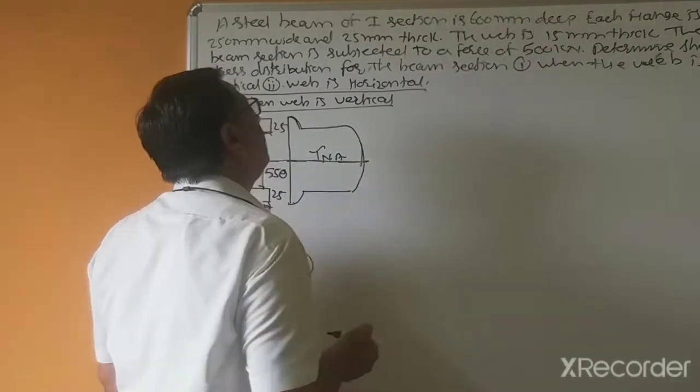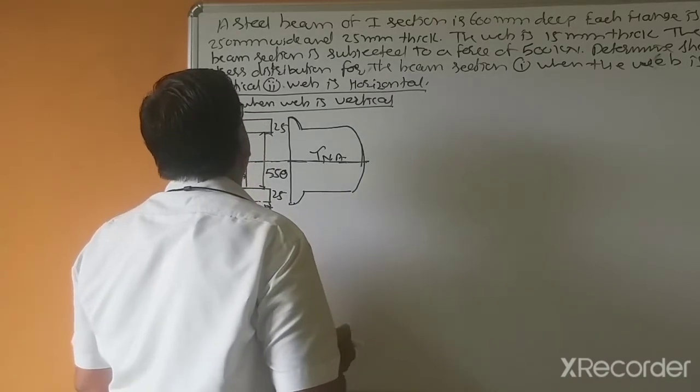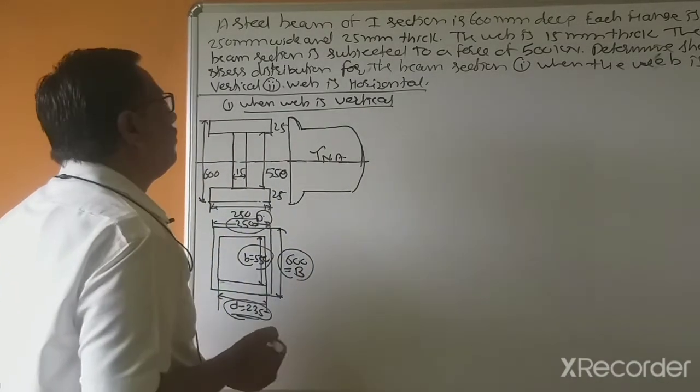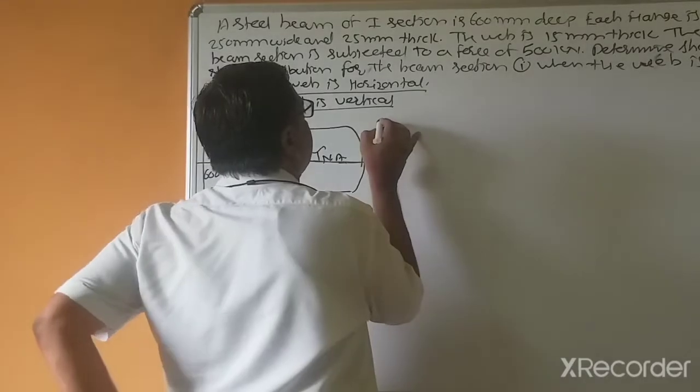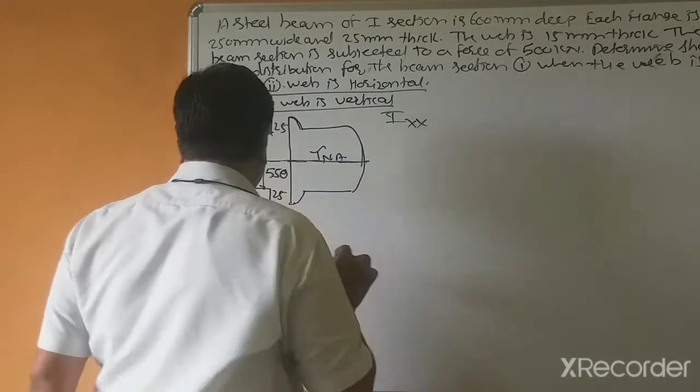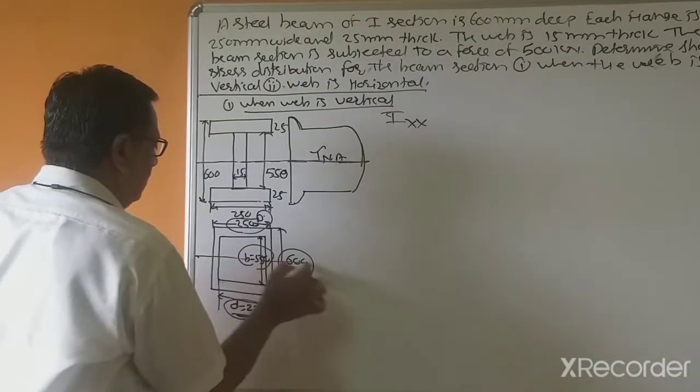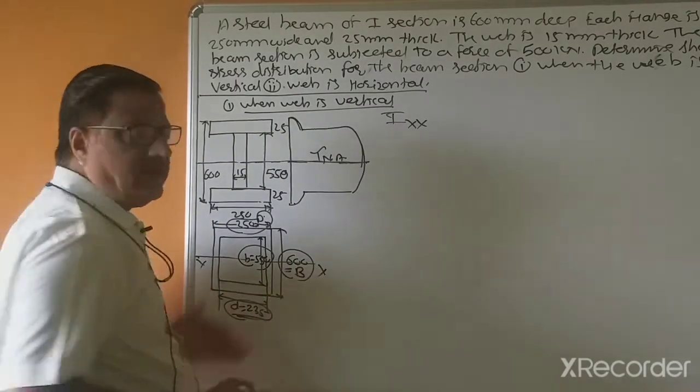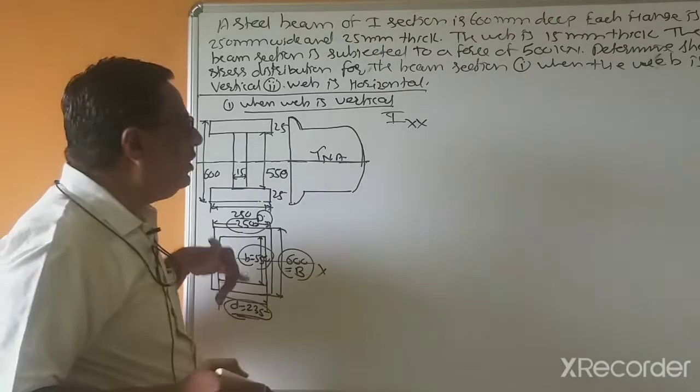First we will calculate the moment of inertia about the x-x axis, because the section is symmetrical about x-x, meaning solid and hollow portion.